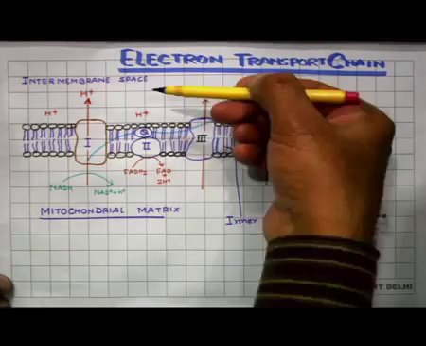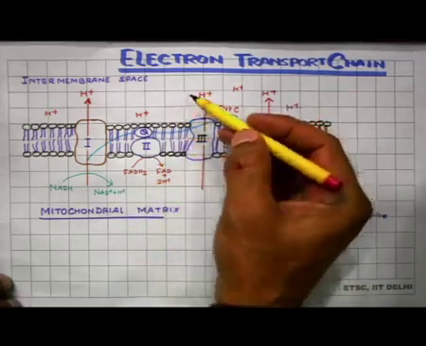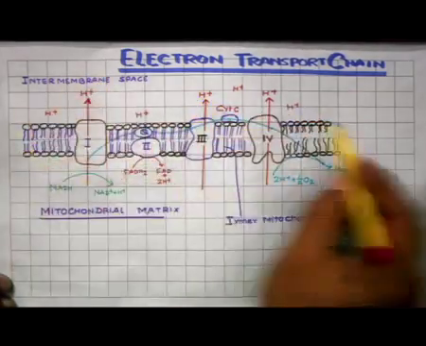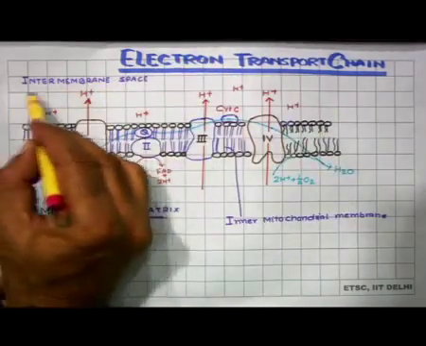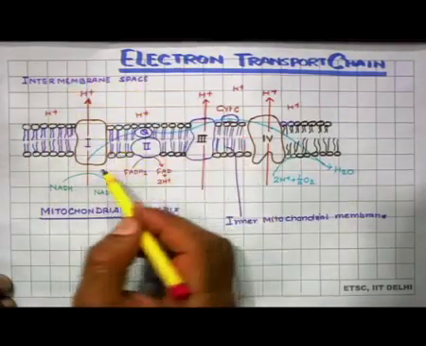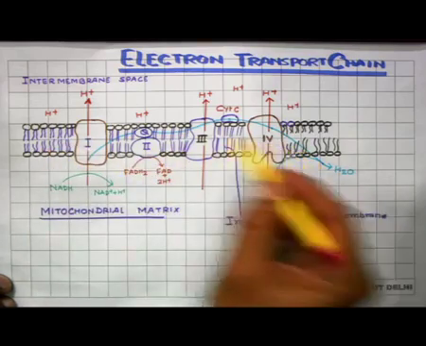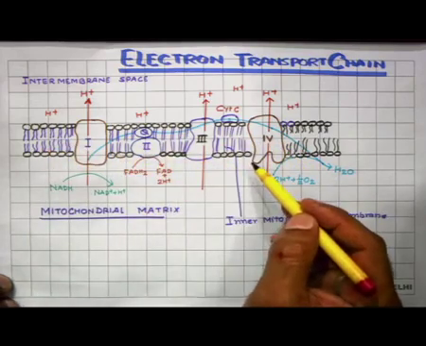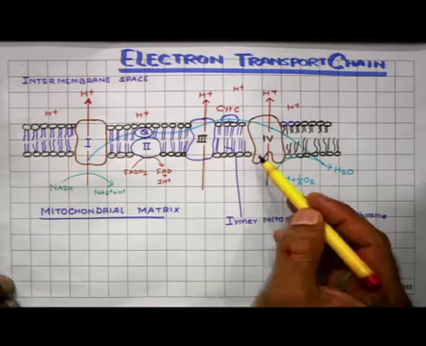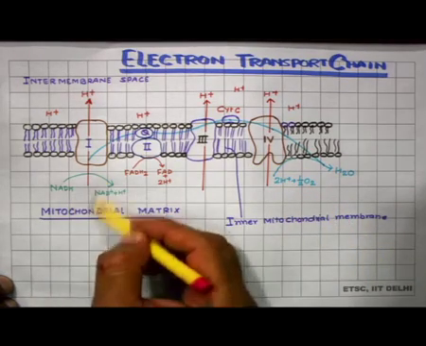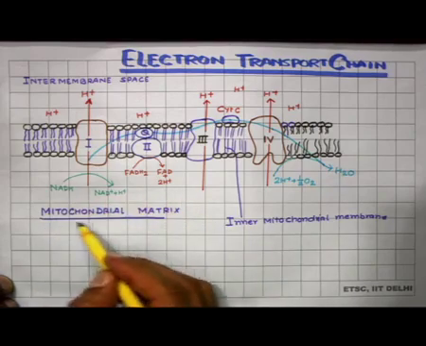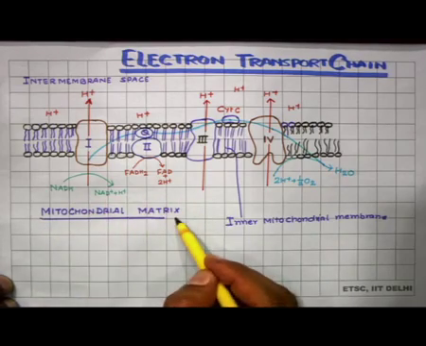So, the entire electron transport chain in this figure is divided into 3 main spaces: the intermembrane space outside, the middle space where the complexes are present, just like the structure of the plasma membrane, that is the inner mitochondrial membrane, and the inner side is the mitochondrial matrix.